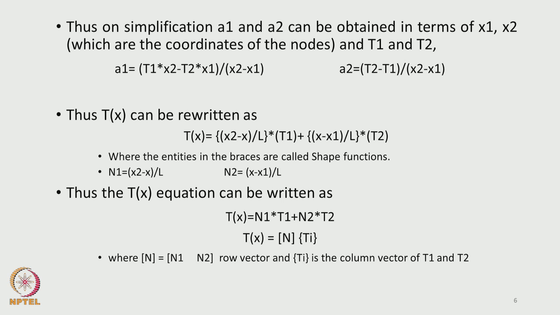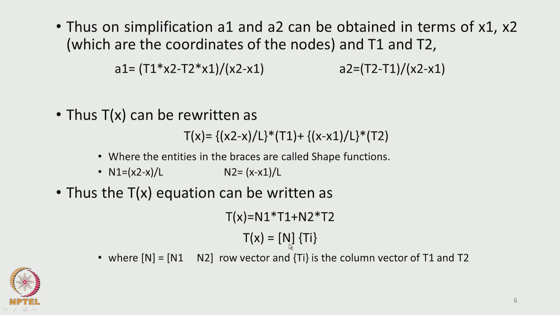Imagine or assume that you are going to extend this for the entire one dimensional element that you have considered. So, we have so many elements, and we extend this procedure for each element, or in generic form you can write it as T of x equals N and T of I. Now, in this case N is a shape function and this is a matrix form.